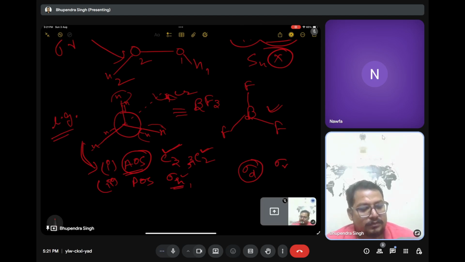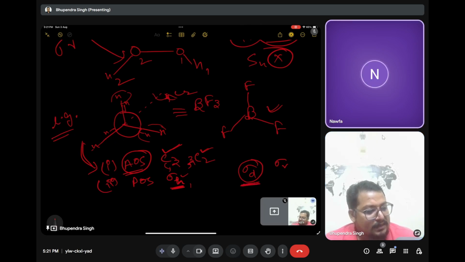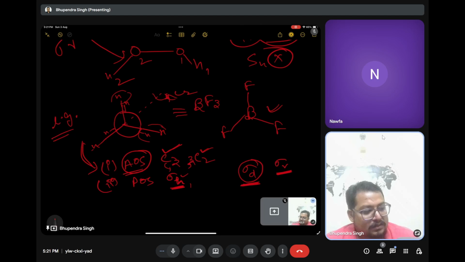Sigma H you know, because it is perpendicular to this C3 proper axis, which you have already found out. Now how to say this is sigma D or this plane is sigma V?